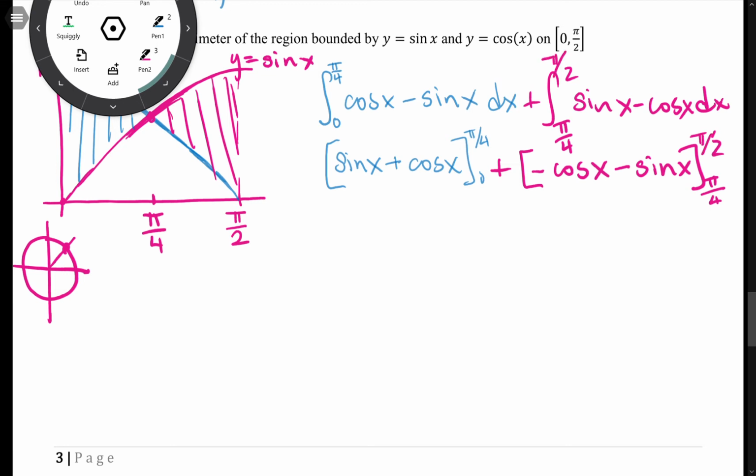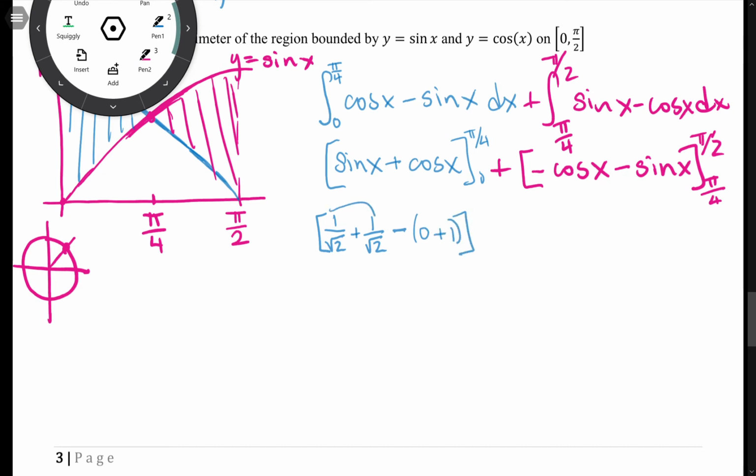Okay. So, first thing, we need sine of pi over 4, which is 1 over the square root of 2, or if you've memorized it as root 2 over 2, that's fine. And cosine of pi over 4 is exactly the same. And then we need to plug in 0. Sine of 0 is 0. Cosine of 0 is 1.